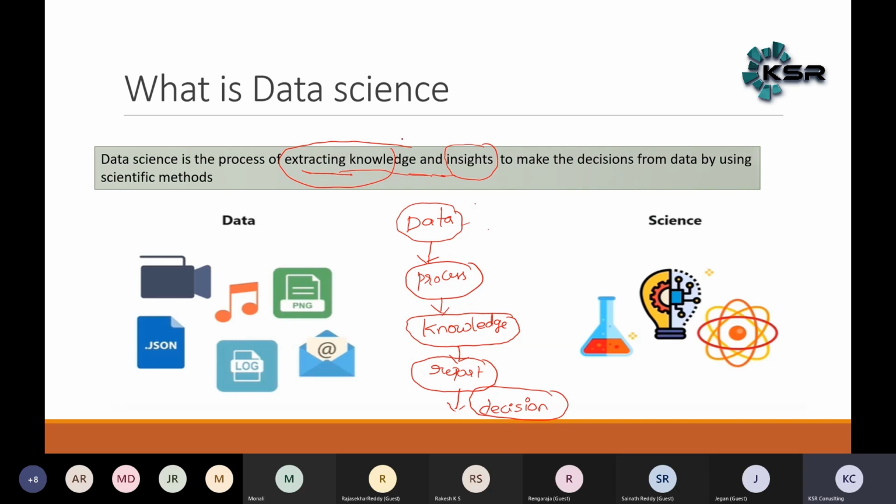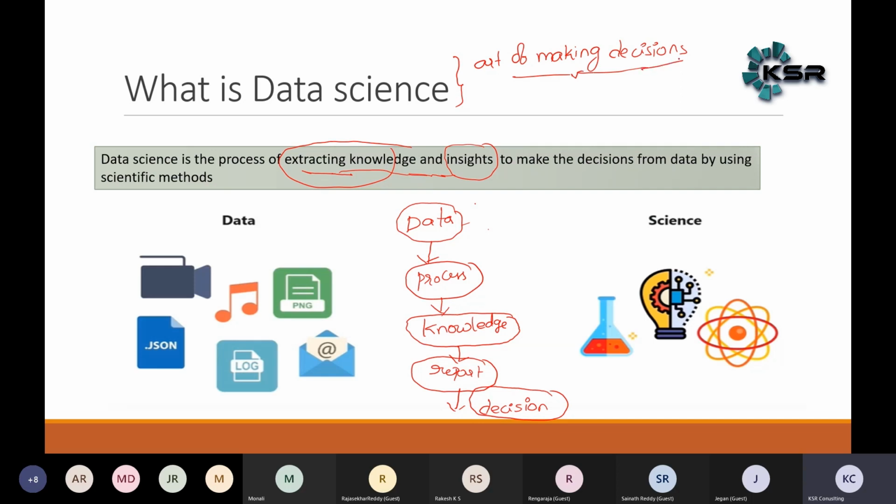Okay, decision. So, as a layman's definition, data science is the art of making decisions. What is the role of data science? The role of data science is the art of making decisions.